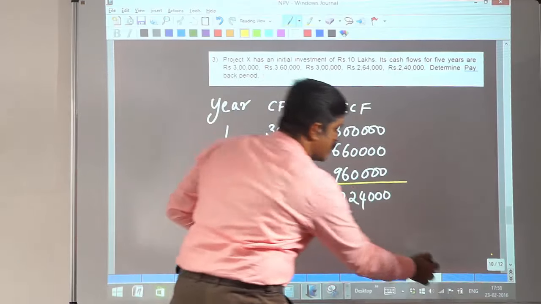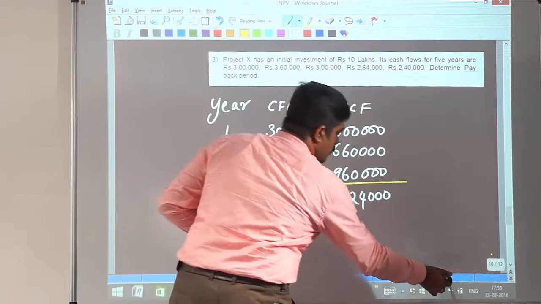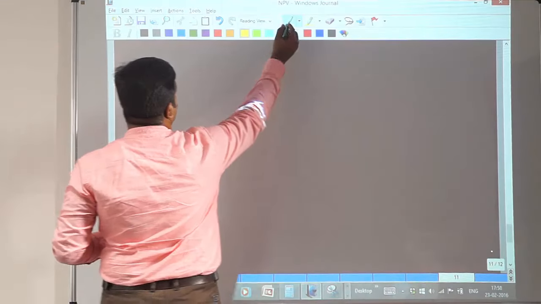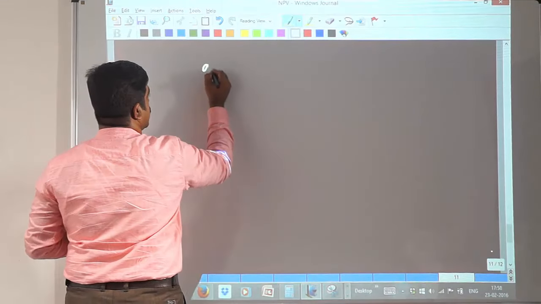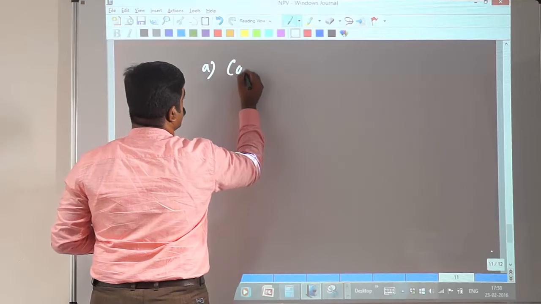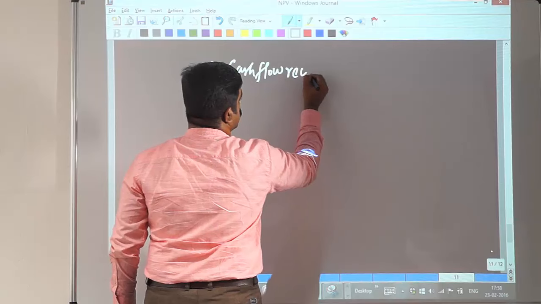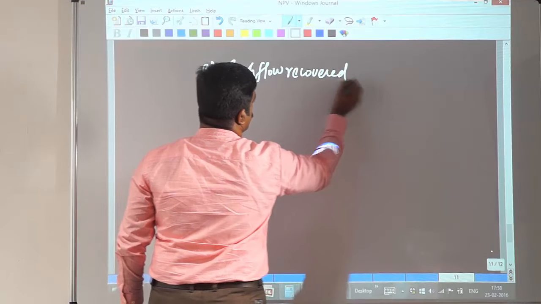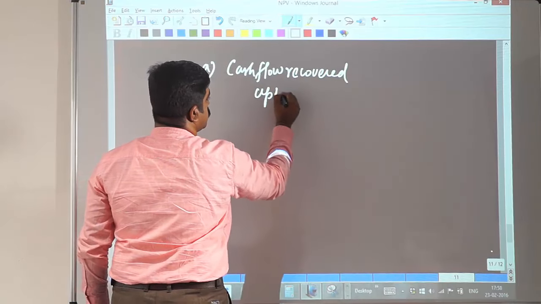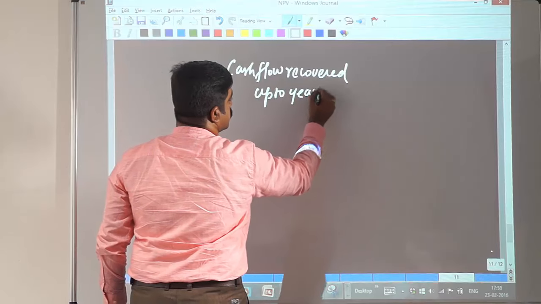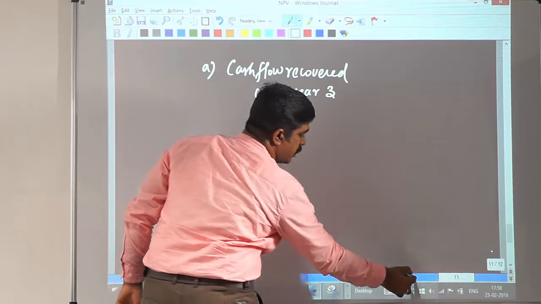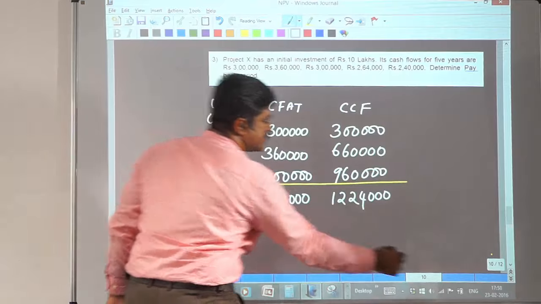So I'll write them here. Item A: cash flow recovered up to year 3. What is the cash flow recovered up to year 3? It is 9 lakh 60,000.